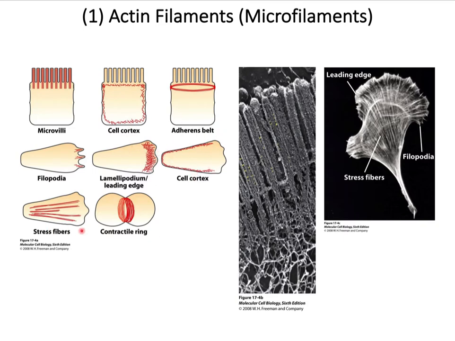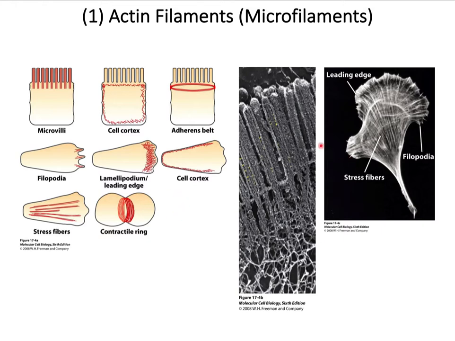In a number of cells, both motile and non-motile, actin filaments make up stress fibers, and they assist the cell with adhesion. Again, we will talk about these stress fibers more when we study cellular interactions. Finally, in dividing cells, you can see the contractile ring is rich in actin filaments.